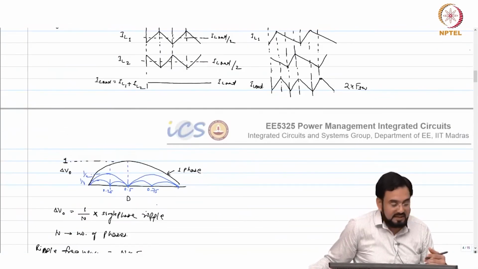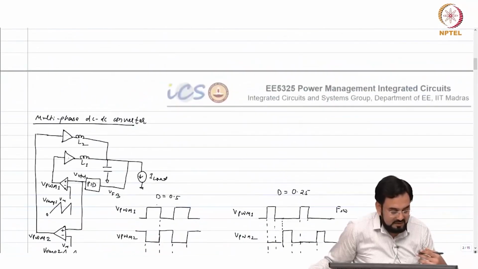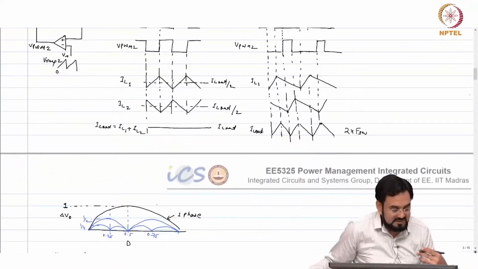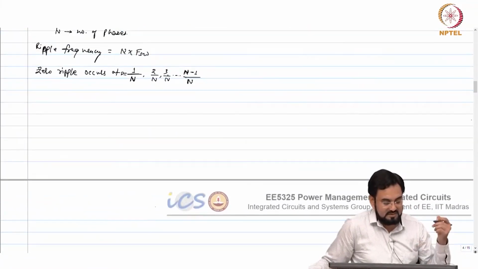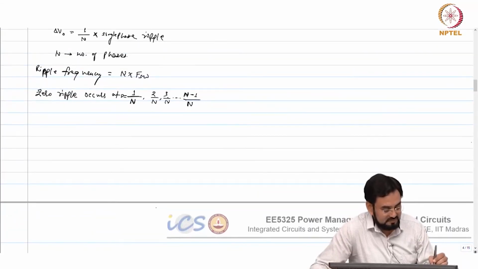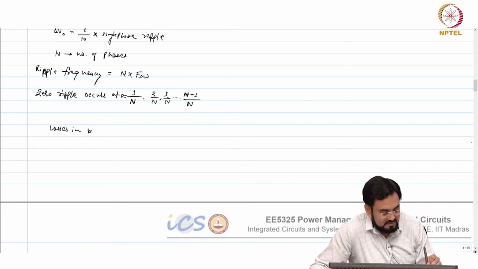So, that is the advantage, one is the ripple. Now, let us see the losses in multiphase.